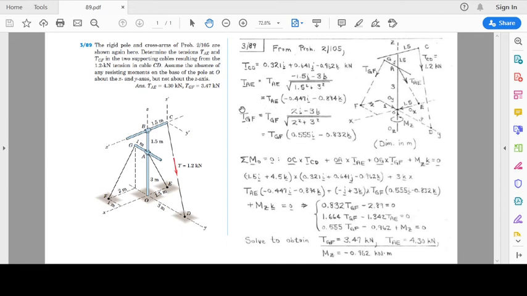So we use this vector TGF. In addition to this, we also have this unknown resisting moment at the base, which is Mz. So we put Mz k plus this, and this should be equal to 0.